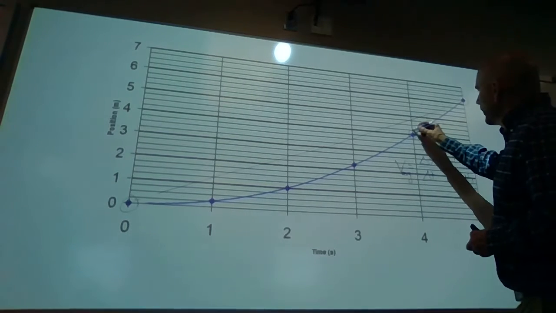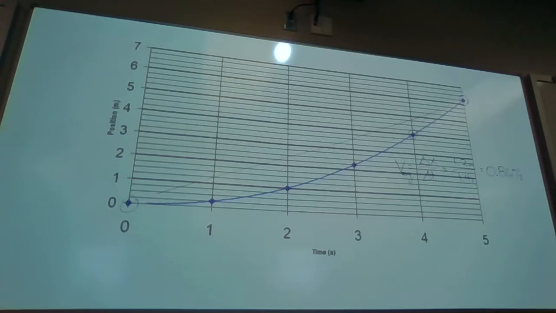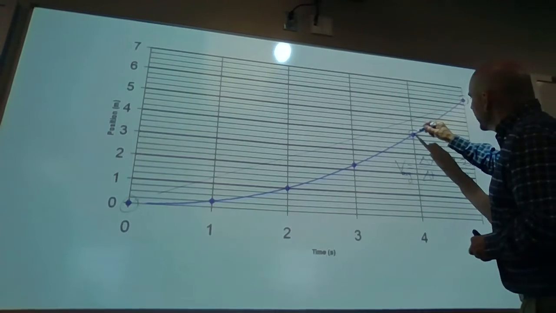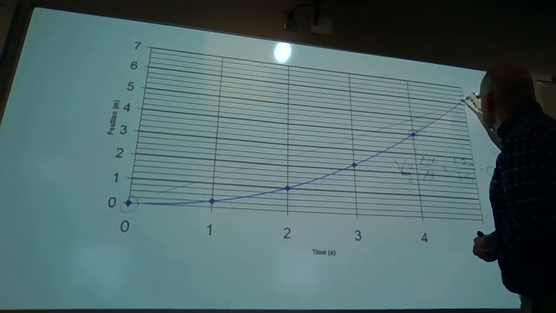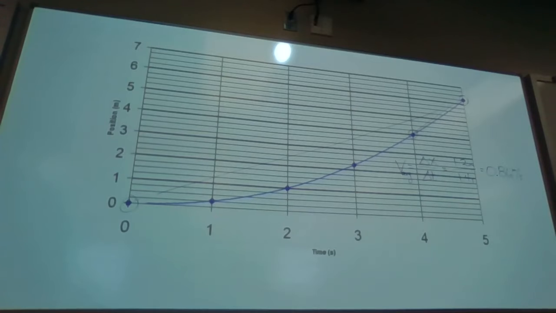What about saying from 4 seconds to 5 seconds? If I found this, is that better? Is that the actual? No, but it's a better approximation. What could I do to make an even better approximation?